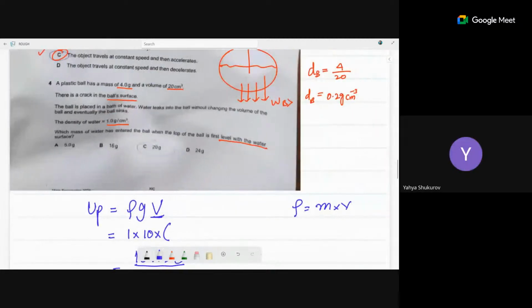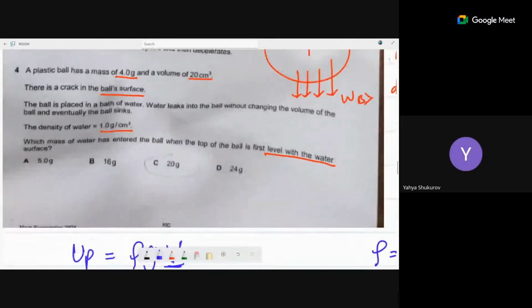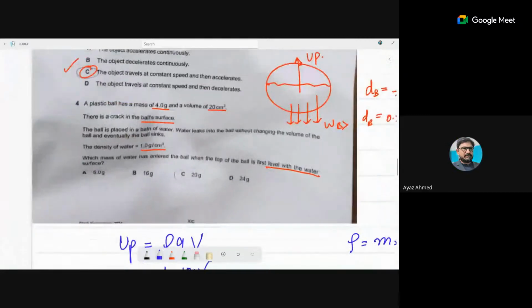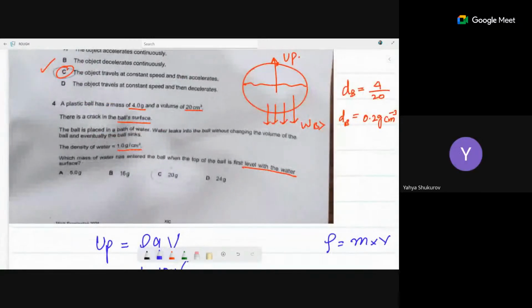Just a minute. What does level with the water mean exactly? Like it's fully sunk? A plastic ball has a mass of 4 gram and volume is this. It means it would put a downward force equal to the weight force.